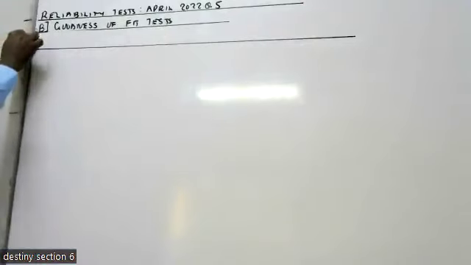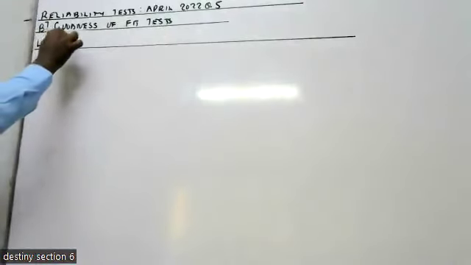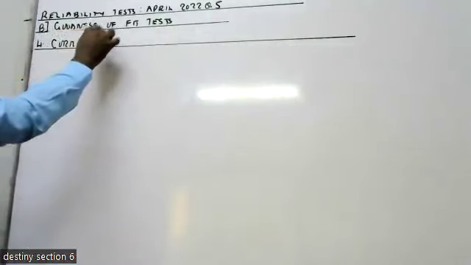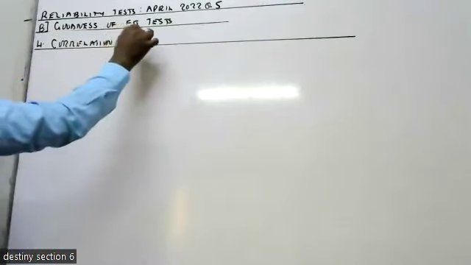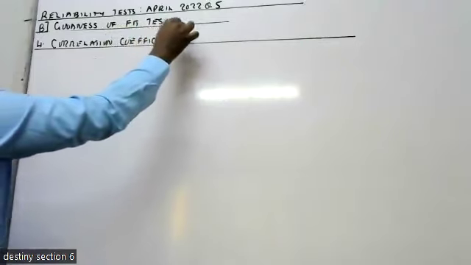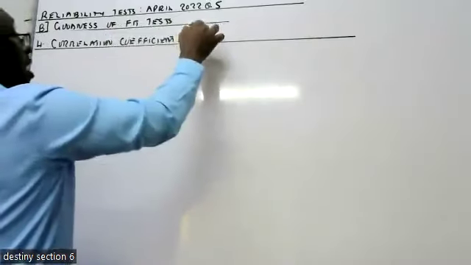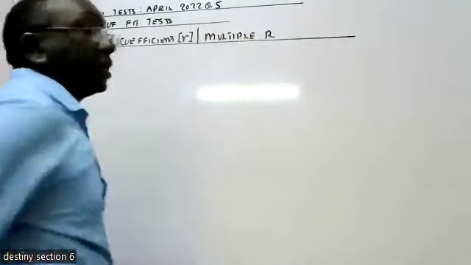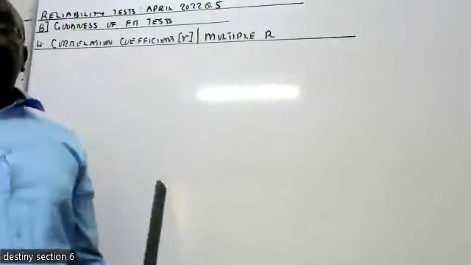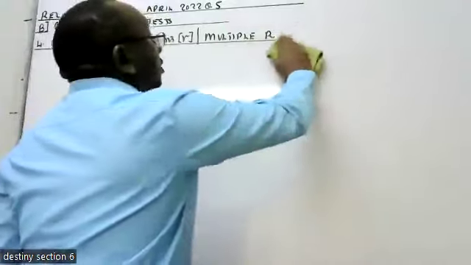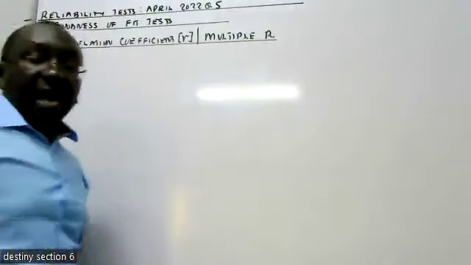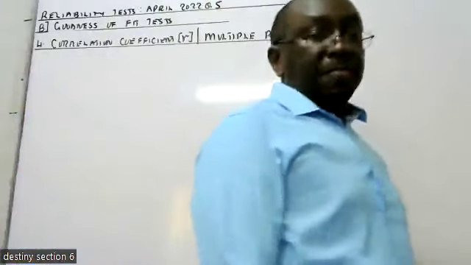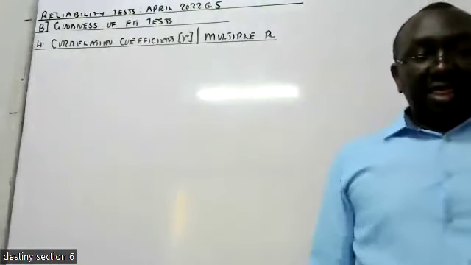Number 4 is called correlation coefficient, brackets R. Some people call it multiple R. Now this multiple R, as you can see in your notes, is used to judge the type of the relationship and also the strength.